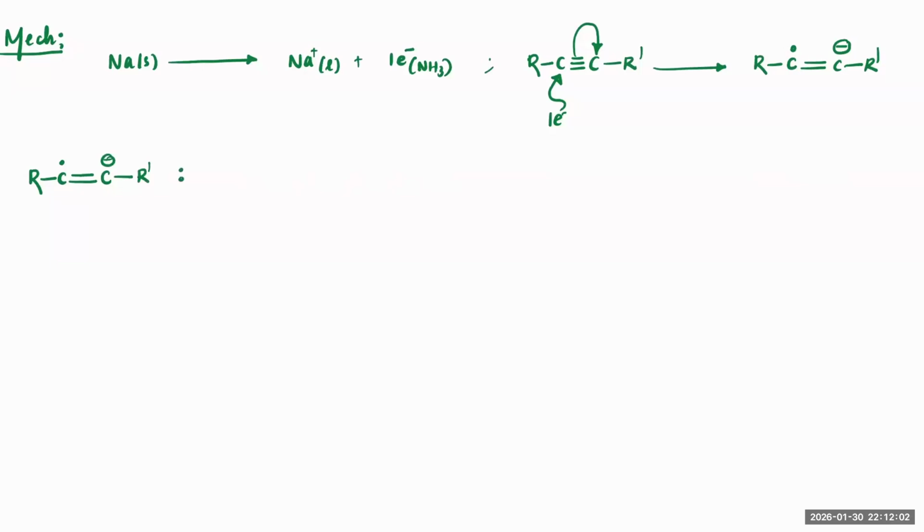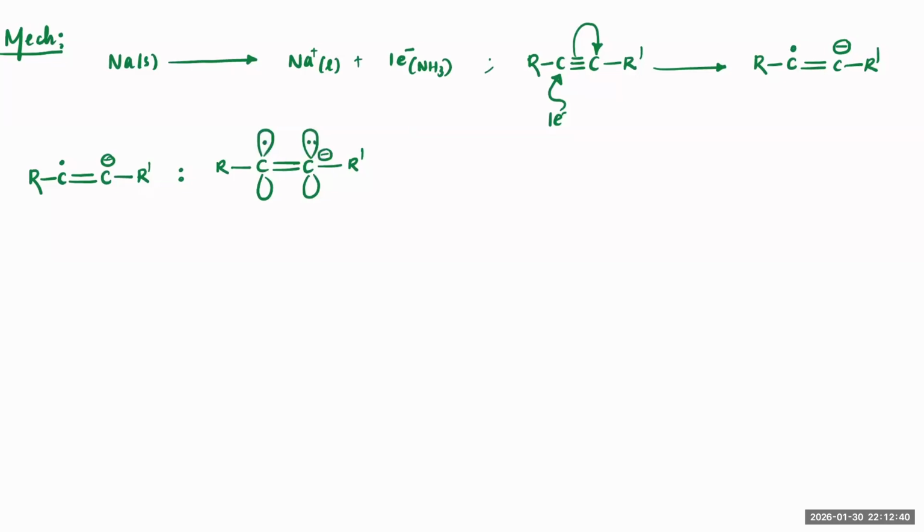Now if I write this in hybridized orbital form, you will see a carbon having an orbital here with a double-bonded carbon, which also has one orbital with two electrons on it, and this one has one electron on it, and then we have R' here and R here. This pair of electrons and this single electron will repel each other.